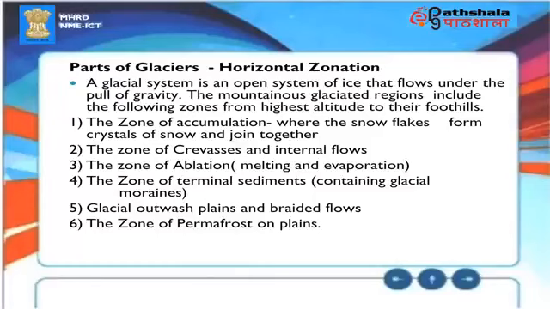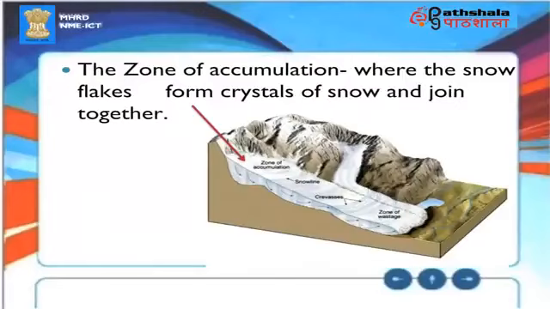Parts of glaciers. Horizontal zonation. A glacial system is an open system of ice that flows under the pull of gravity. The mountainous glaciated regions include the following zones from highest altitude to their foothills. The zone of accumulation, where the snowflakes form crystals of snow and join together.